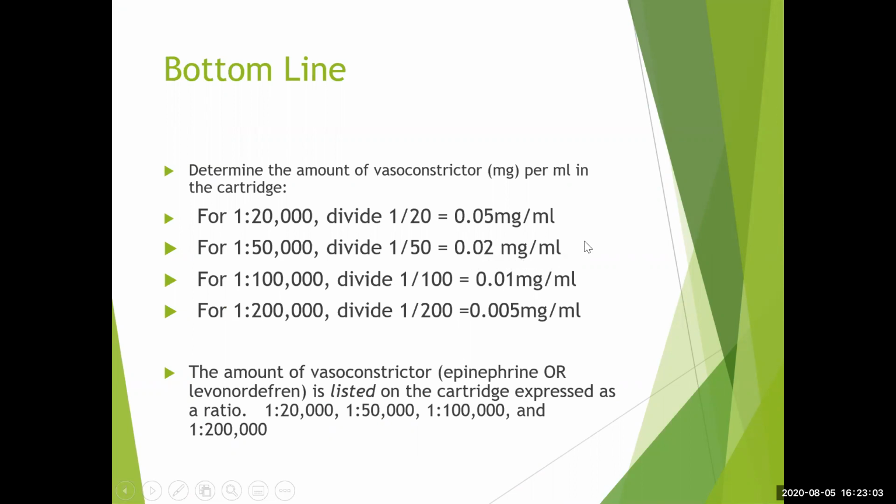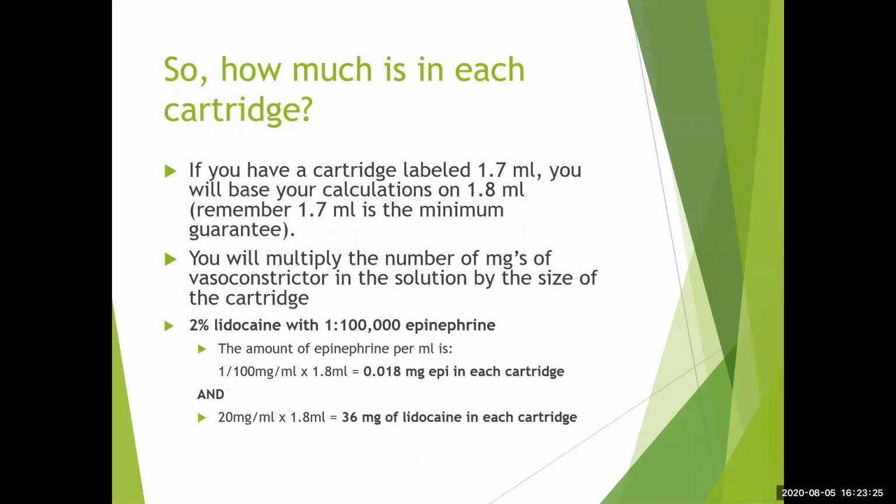So that's a little easier than memorizing that whole chart, which is kind of what I want to avoid. It's unnecessarily difficult. So just remember the amount of vasoconstrictor is going to be listed on the cartridge. It'll always say epinephrine 1 to 100,000 or whatever the ratio is. It will always be printed right on the cartridge.